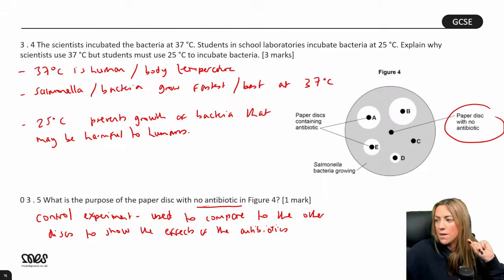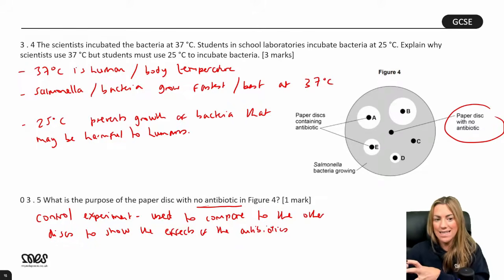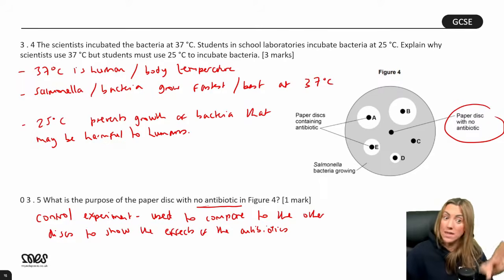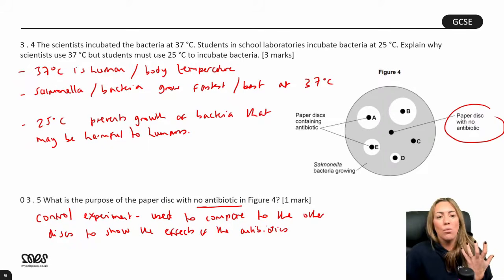So one of the paper discs has got no antibiotics. So we can compare that disc and what happens to the bacteria around that disc to the other discs that do have antibiotics. And then we are truly able to see the effect of the antibiotic. We're truly able to prove it is the antibiotic that's killed the bacteria and not just the paper disc itself.